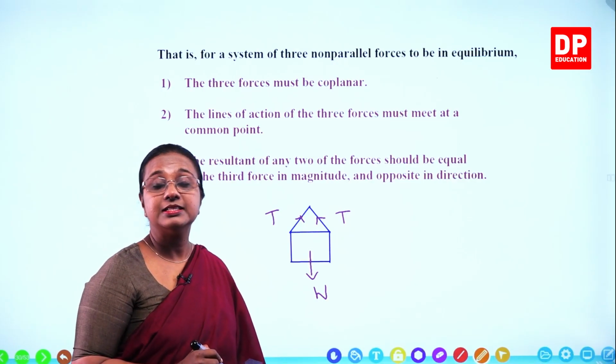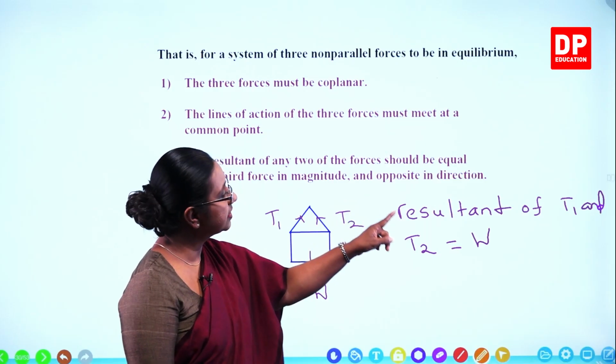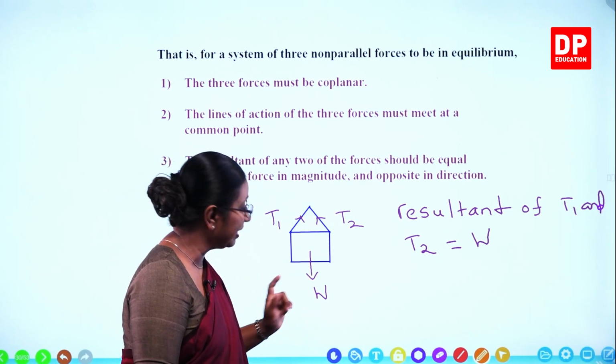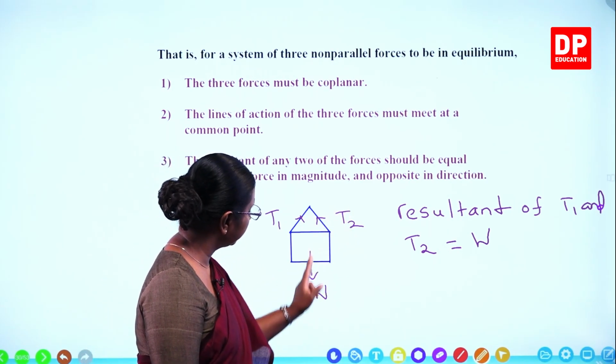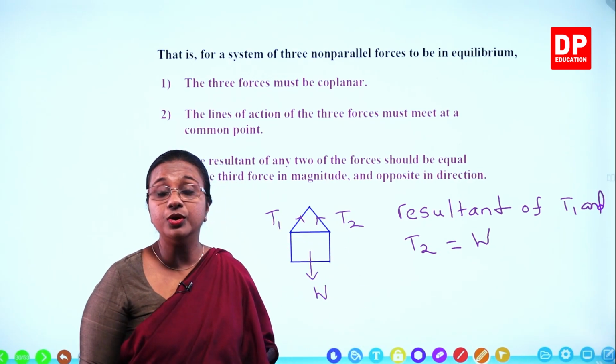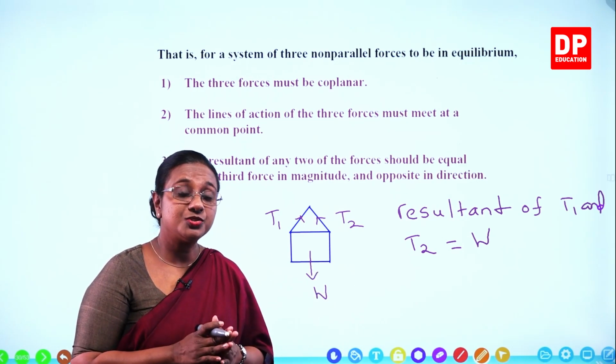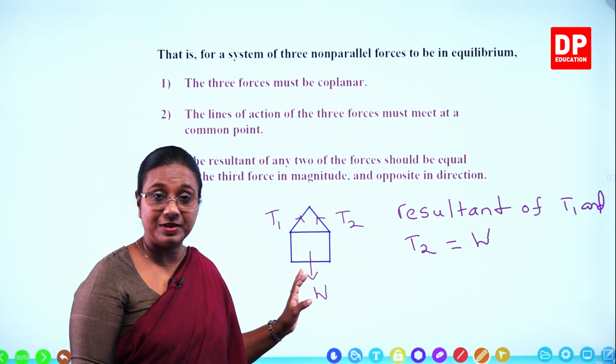If you take the sum of the two tensions, T1 and T2, the resultant of T1 and T2 will be equal to W. So if you take any two forces, the resultant of those two forces will be equal to the third force. Or if you take T2 and W, the resultant of those two forces will be equal in magnitude to T1. Then only the object will be in equilibrium. So I am sure, students, you all can understand this concept as well.